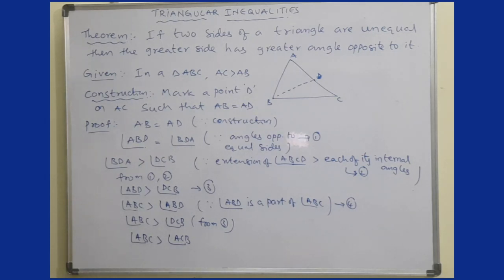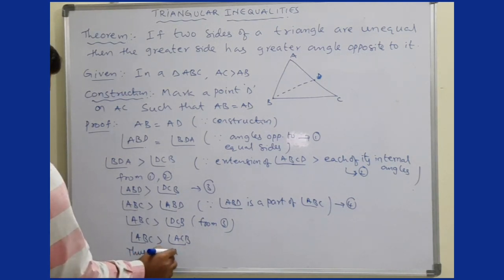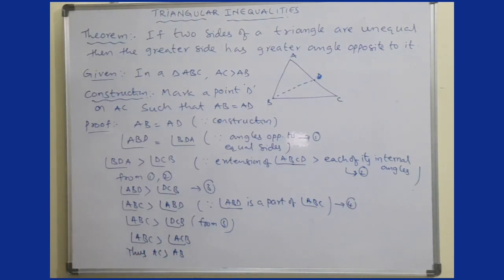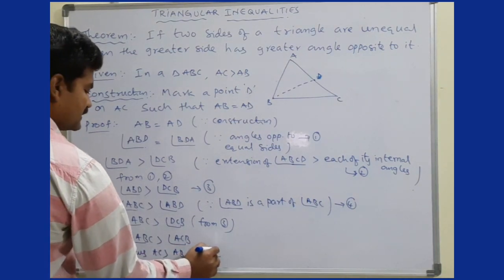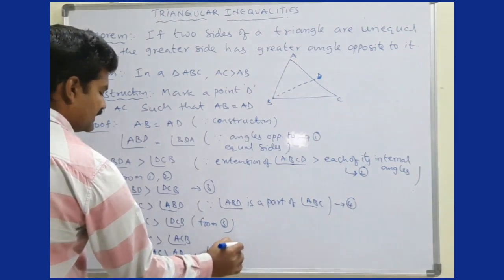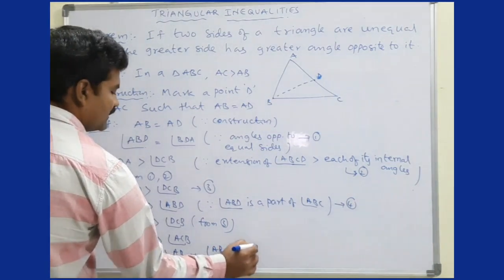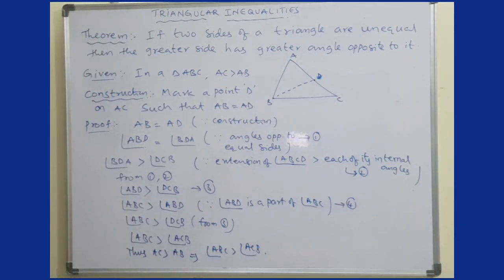Thus we can say that AC is greater than AB, that implies angle ABC is greater than angle ACB. So observe the proof properly.